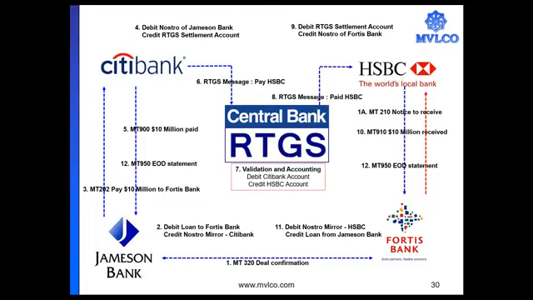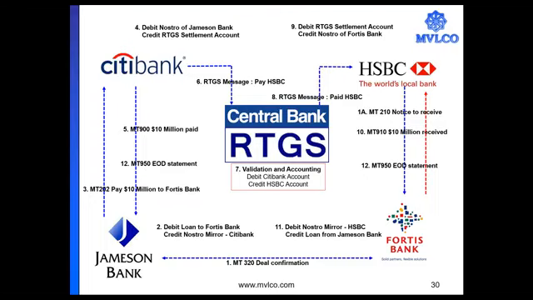The basic difference between a 202 and a 205 is a 202 is used for cross-border transactions, and in this example, since we had a cross-border transaction, we had used an MT202 originating from Jemson to Citi. If all the parties in this transaction were within one country, like Canada or like United States or in some single country, in that case, for a similar transaction which was a domestic transaction, I would have used a 205.